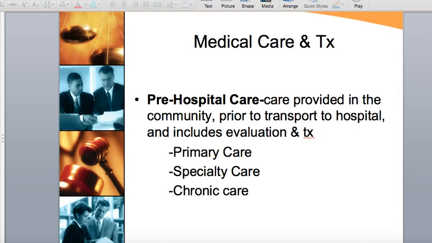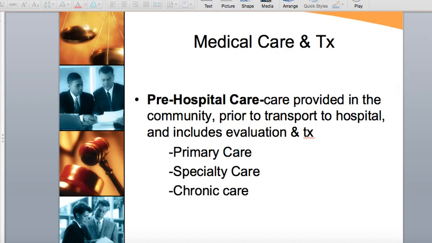Another level of services offered is pre-hospital care, and it is any care provided in the community or prior to a transport to a hospital. This service includes evaluation and treatment. Some of the popular known pre-hospital care services include primary care services, specialty care services, as well as chronic care services. Again, these services are usually provided in the community.